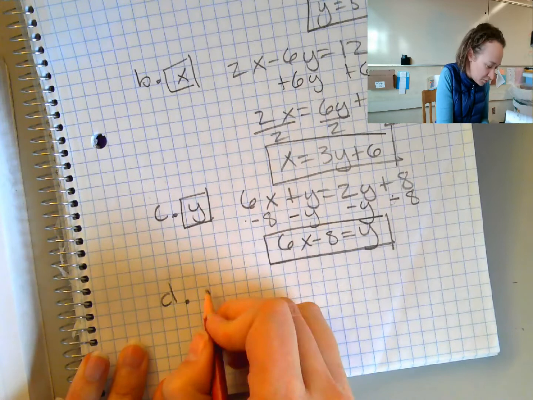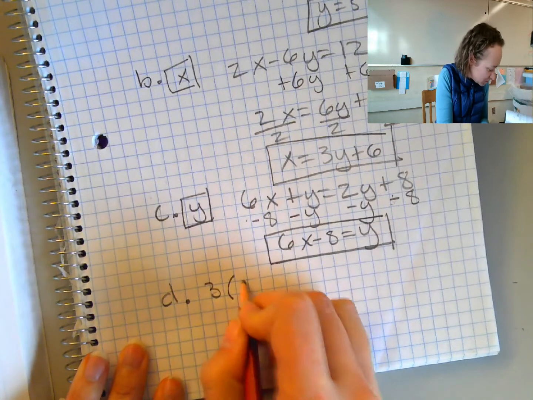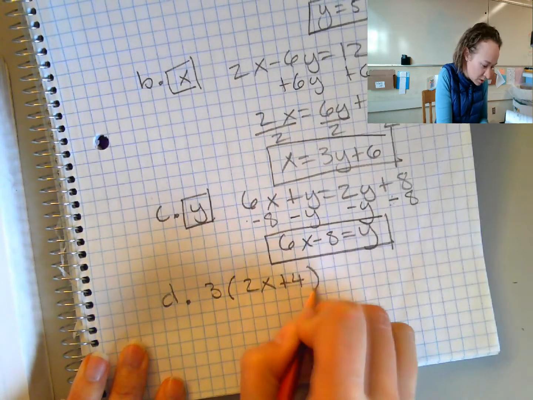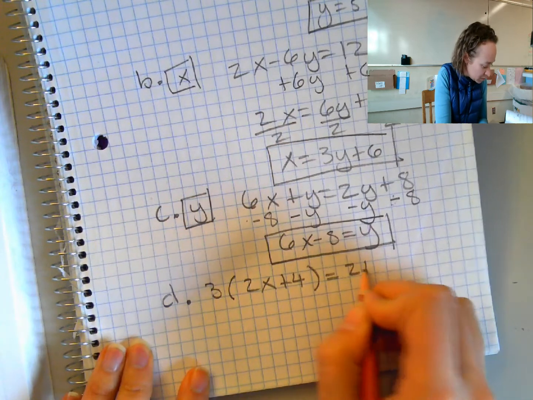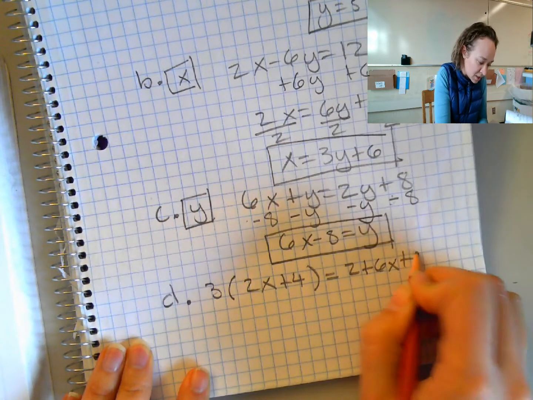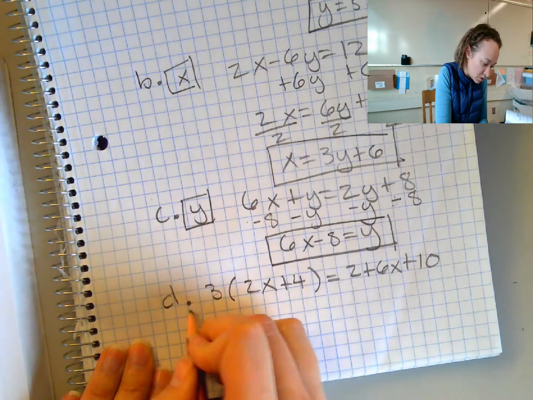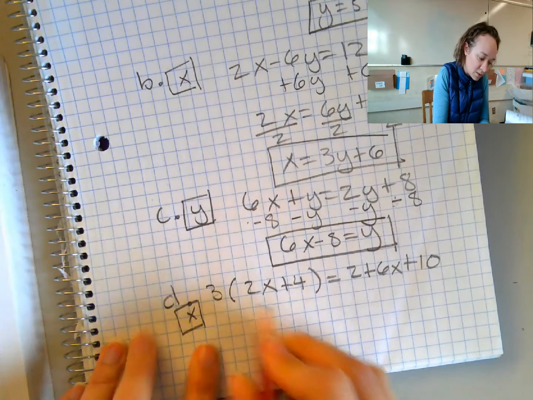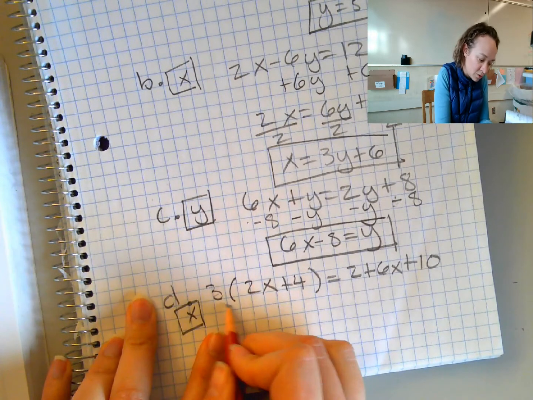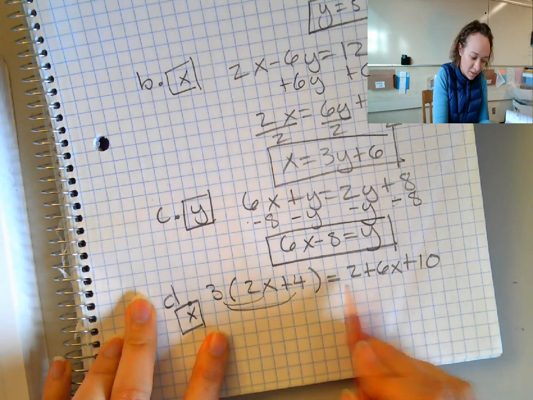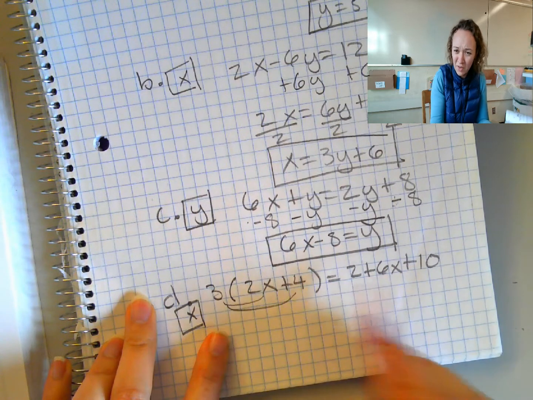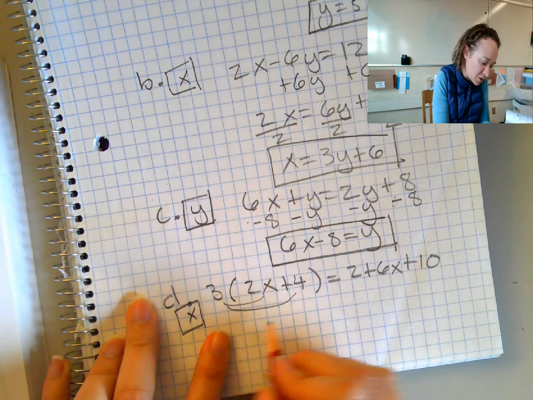Finally, for d, we have 3 times (2x plus 4) equals 2 plus 6x plus 10, and we were solving for x. So I'm going to do distributive property over here, because when I look over there, the 10 and the 2 aren't going to divide by 3 nicely, right? So I may as well just distribute.